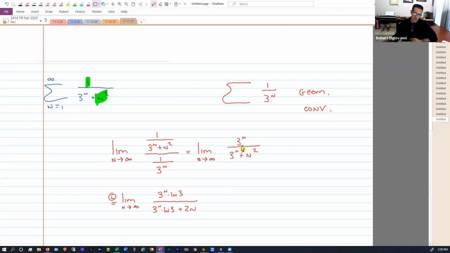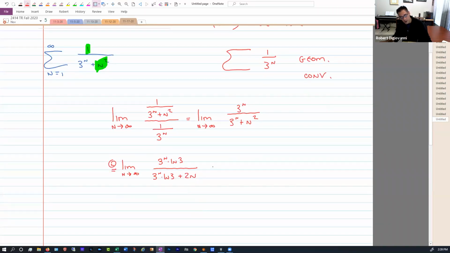So go back to your Cal 1: the derivative of an exponential function, a to the x, is itself times natural log of a. That's all I'm using here. Now, if I let n go to infinity, I still have infinity over infinity, so I have to go L'Hopital again.